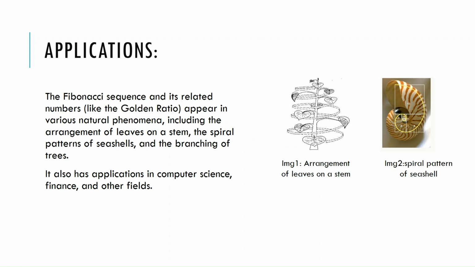So it includes arrangement of leaves on a stem, spiral patterns of seashells, and a few branching of trees. As you can see here in the images on the right side, the first image depicts arrangement of leaves on a stem. Similarly, the second image shows the spiral pattern of the seashell.